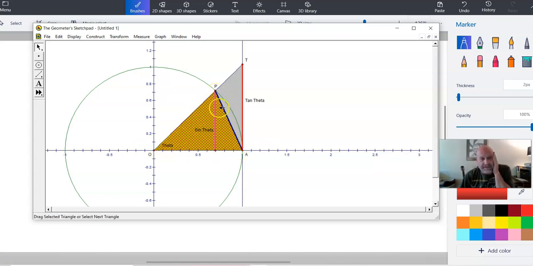The larger thing, the upper end that we're going to be looking at, is this larger triangle here, so we'll be finding the area of this triangle. Now, the thing that's in between them, let's see if this works the way I think it's going to work.